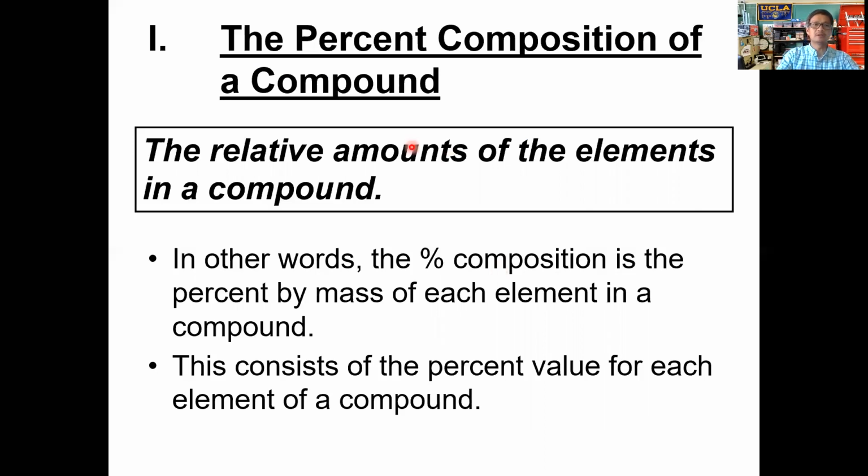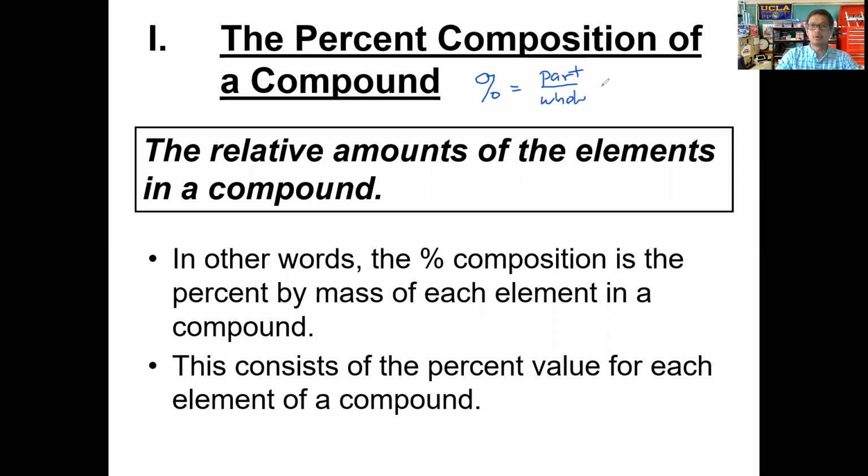And just like what we said, and hopefully you remember this, when we talked about percentages, a percentage is always a part. It's a ratio of some part over whole. We learned this in math. Some part over whole times 100. We need to identify this part here to find the percent composition, okay? And then we'll multiply it by 100.